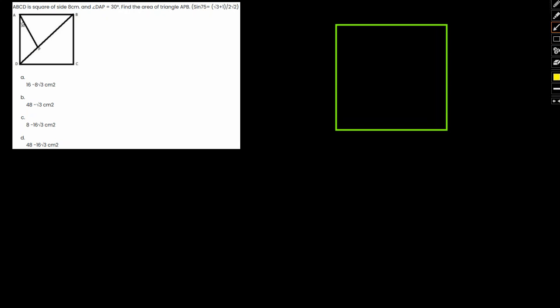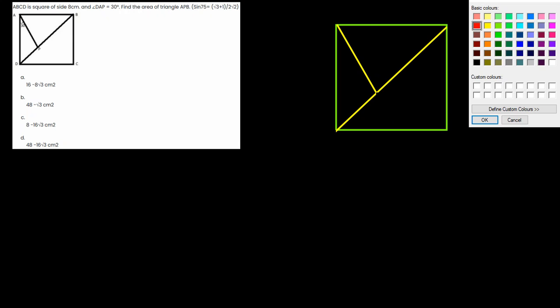Say this is a square, this is our diagonal, and this B. Okay, so now let me name each and every side.